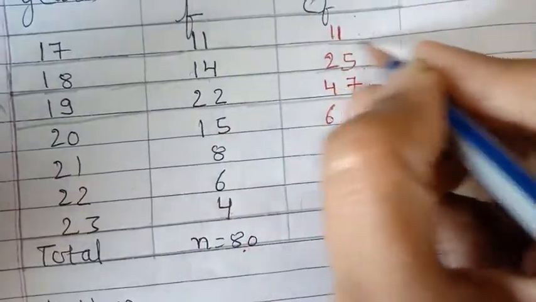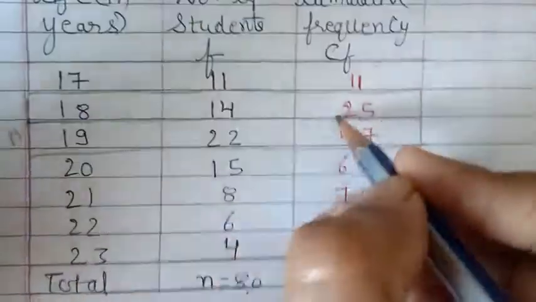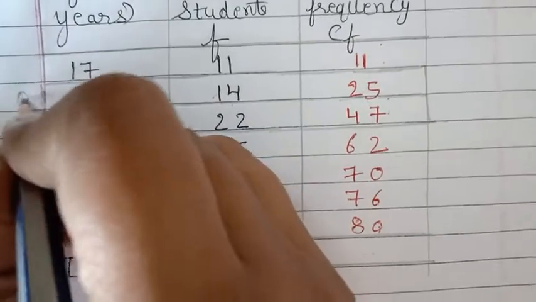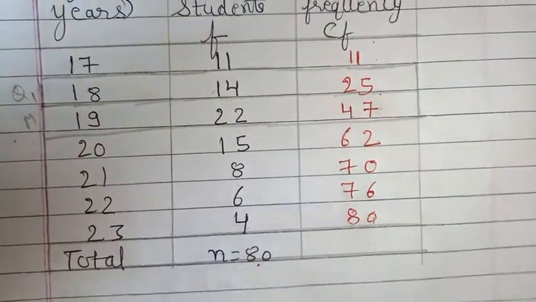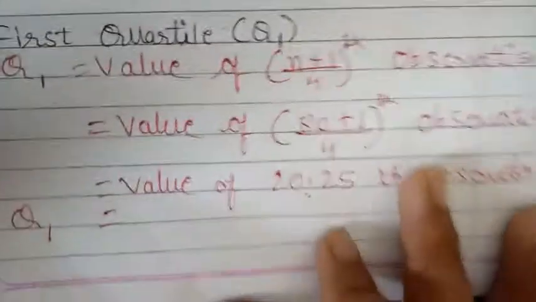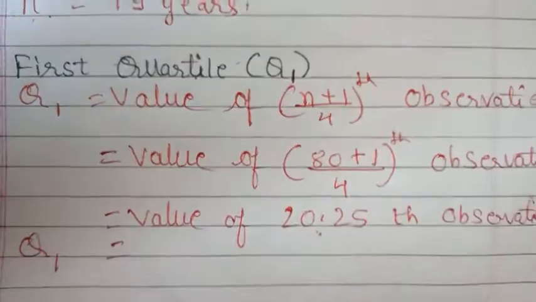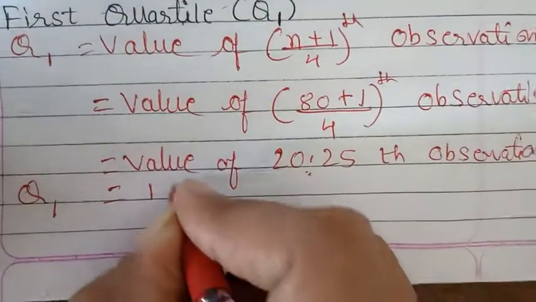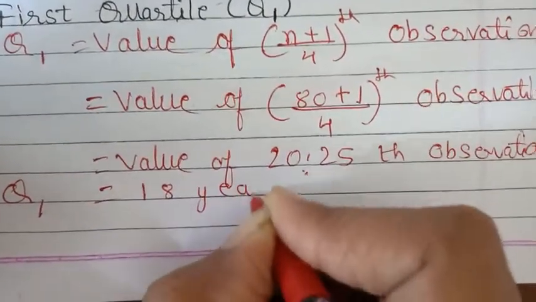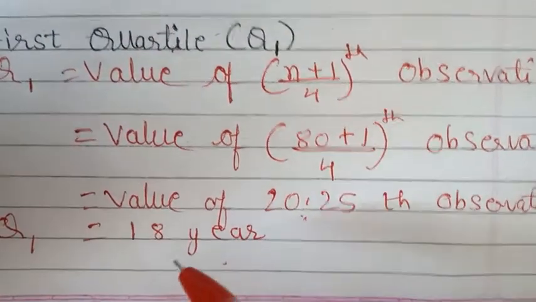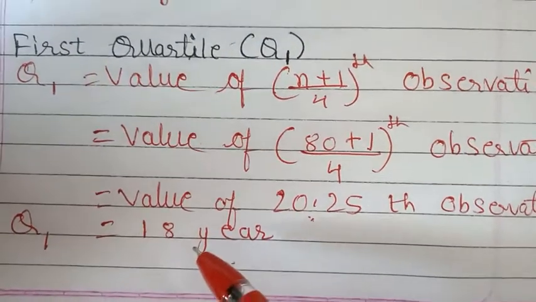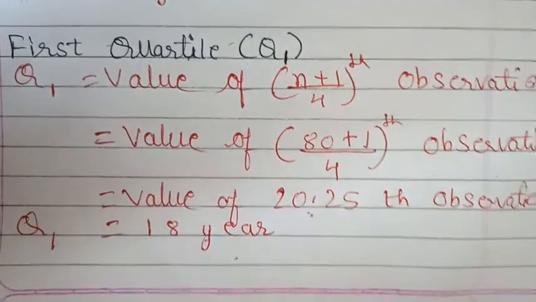So this one will denote Q1, that is 18 is our Q1. Q1 is equal to 18 years. Now if you want to interpret it, we can say that the age of 25% of students will be 18 years or less.